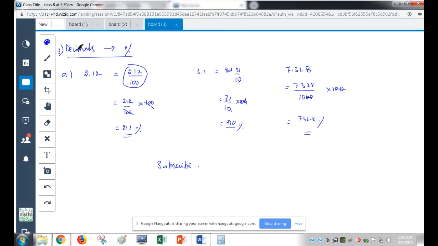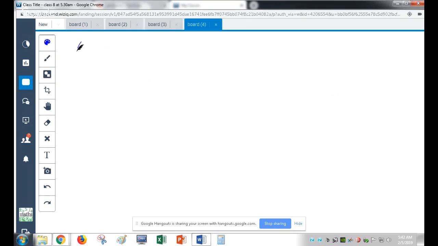Okay. So then let me go to another concept. The same way, how to convert a percentage into a ratio or a fraction or a decimal. Same thing. How we have done the first three, this is the reverse procedure. Reverse procedure. So I will give you one example. For example, 5% is there.